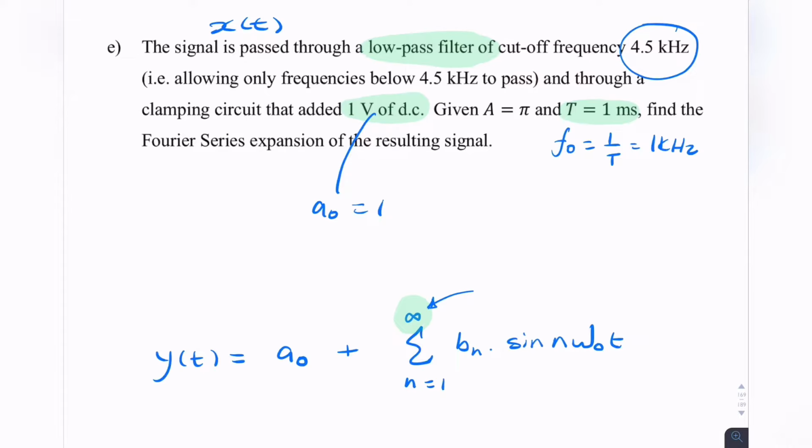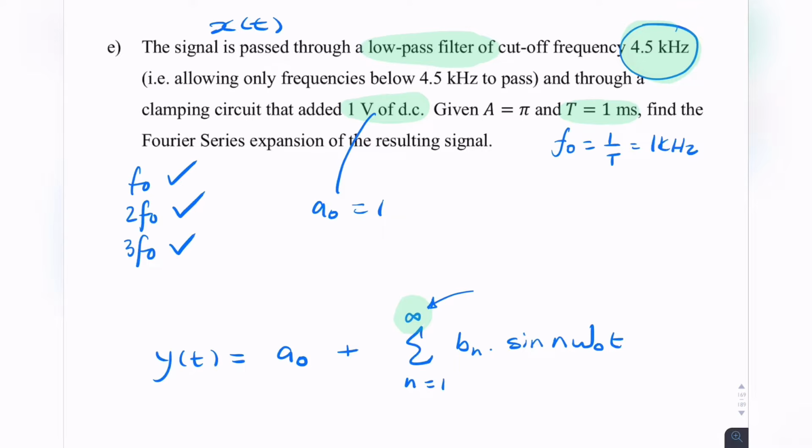So how many components will be allowed to pass if the low-pass filter has a cutoff frequency of 4.5 kilohertz? It means the fundamental will pass, the second harmonic will pass. The third harmonic will pass.